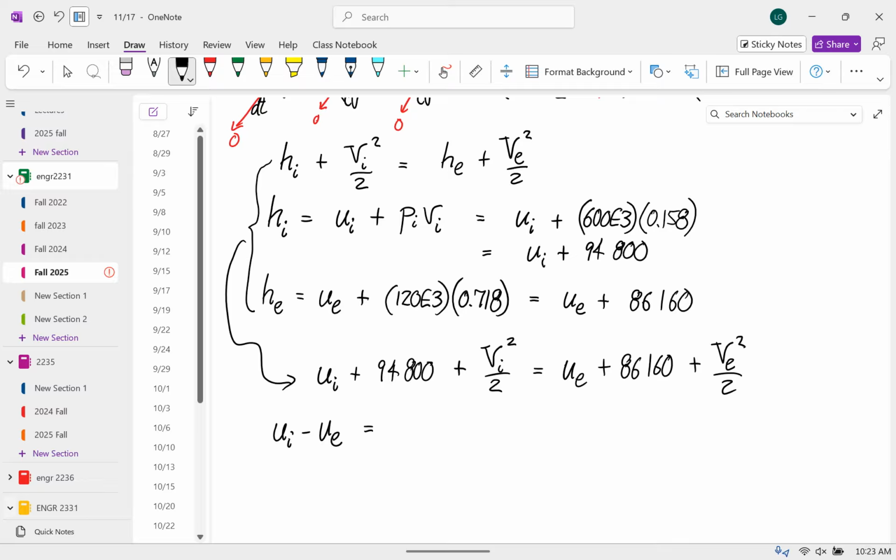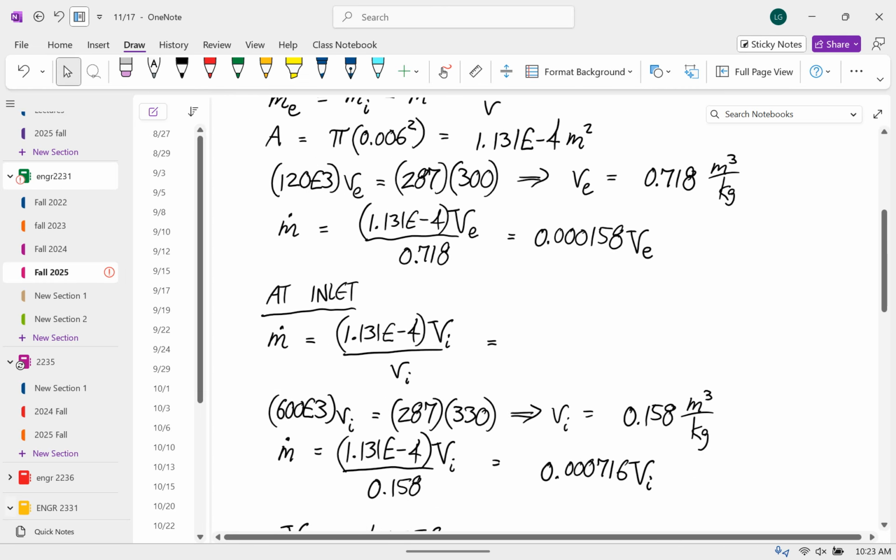So this is equal to Cv for air times the temperature at the inlet minus the temperature at the exit. So 30 Kelvin.